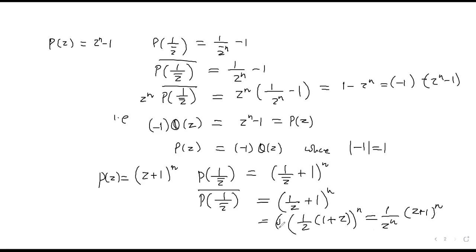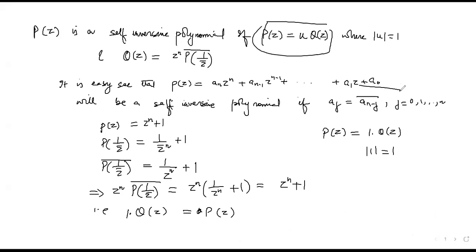So you have q of z, जो कि बराबर है z raised power n into p of 1 by z bar whole bar, would be equal to z plus 1 raised to power n, which is the same as p of z. So it is obviously a self-inversive polynomial. Okay, so ये examples हो गए, मतलब you can actually construct any example using this condition.